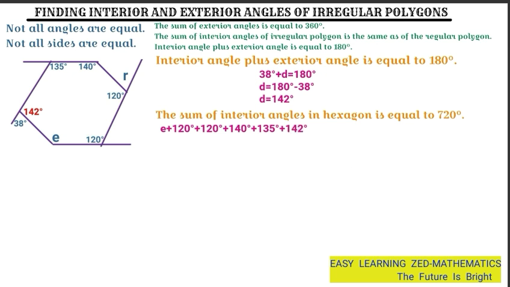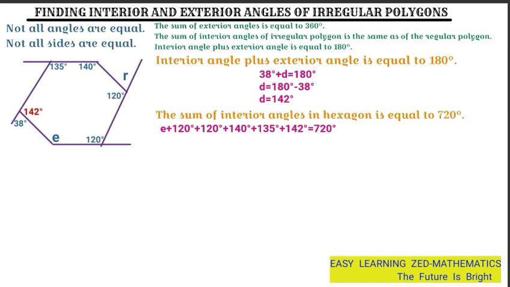As you can see, we have written all the values of the 6 angles. This should be equal to 720 degrees, because the sum of interior angles of a hexagon is 720 degrees. That means when you add all 6 angles in this hexagon, it should give us 720 degrees.